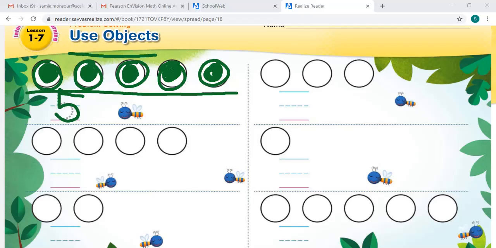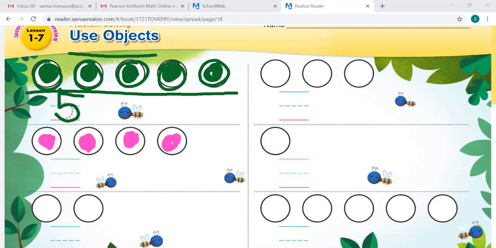So we used counters to count our circles. We'll continue to do that with the rest of these. So I'm going to change the color. So let's say I have these circles here. So I'm going to put a counter on each circle. Okay, so I'm going to put in my counters. I'm coloring it in, but we're pretending that these are counters, right?